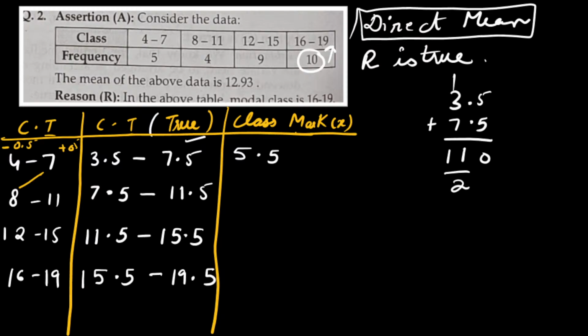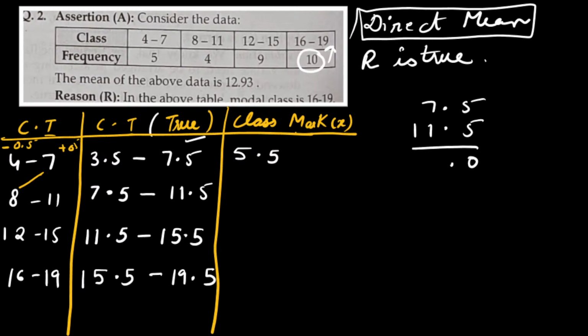Now the next one: add upper limit and lower limit and divide by 2. So 7.5 plus 11.5 is 19. 19 divided by 2, what will you get? 9.5.